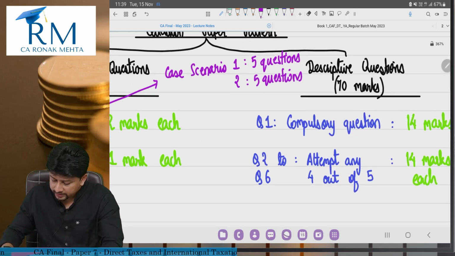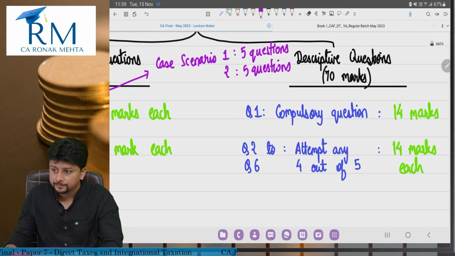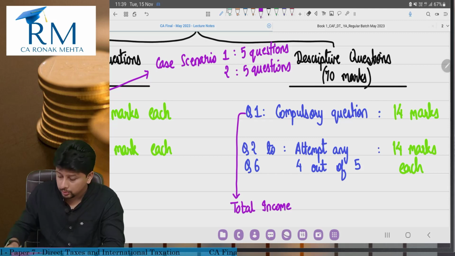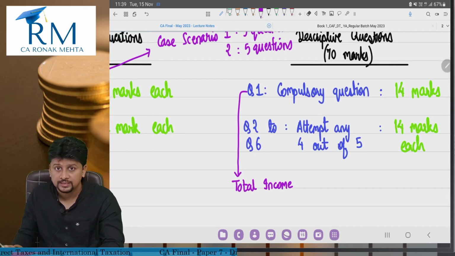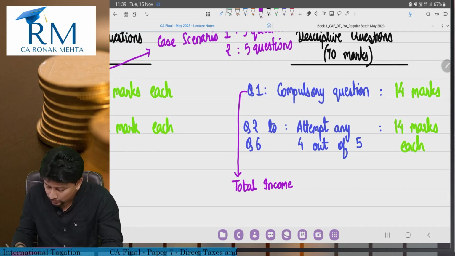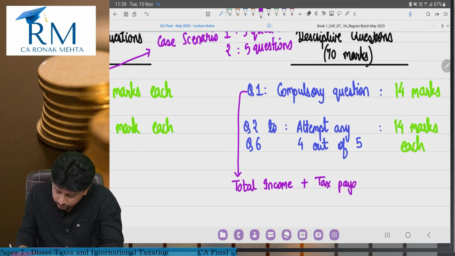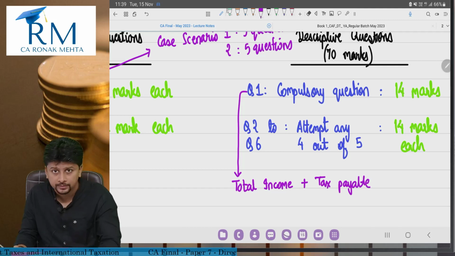Now your question 1 is a compulsory question, and the compulsory question will be from total income. At times if the examiner wants to complicate things for you, he will say total income and tax payable. Then this becomes a really lengthy question.